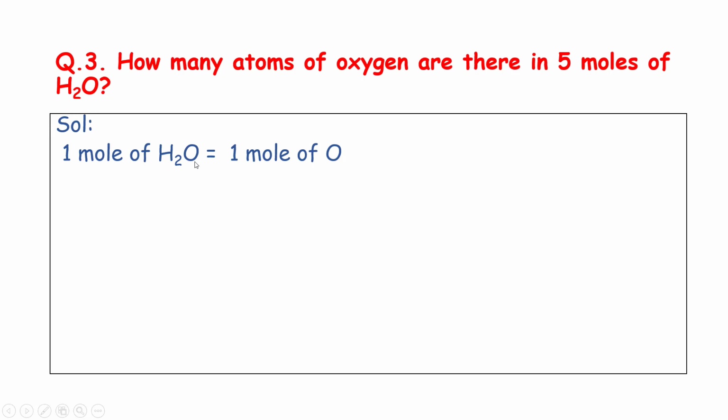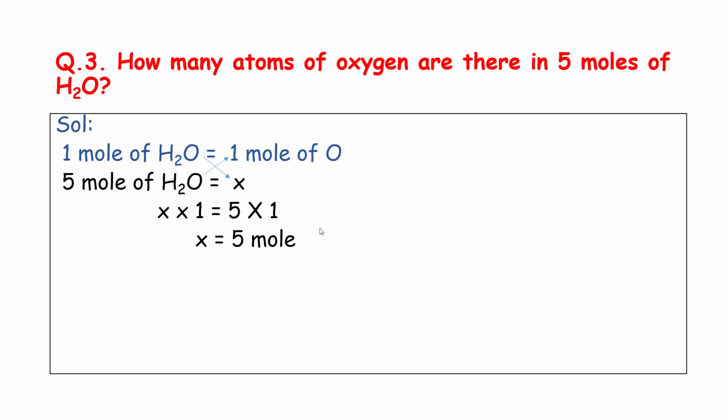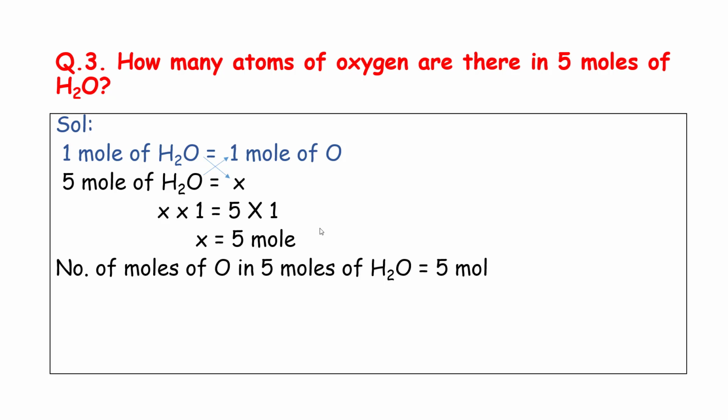We need to again see the part. So 1 part of oxygen is present over here. So 5 moles of H2O will have X mole of oxygen. Again cross multiply. So X comes as 5. Now the number of moles of oxygen in 5 moles of water comes as 5 moles.